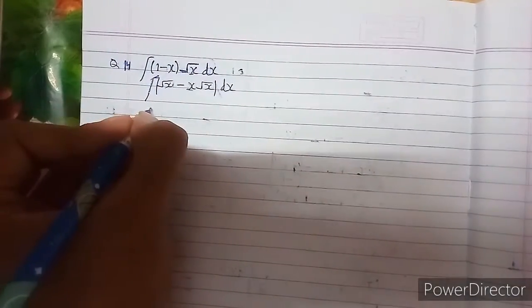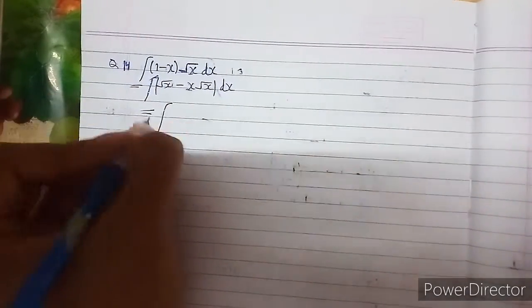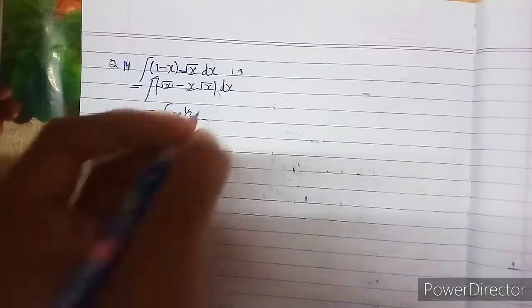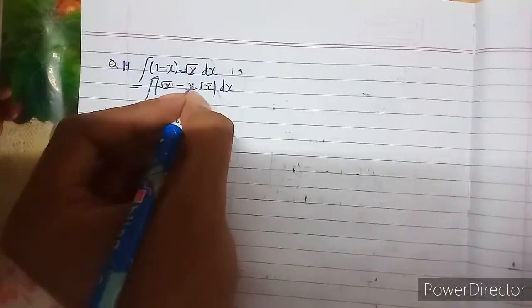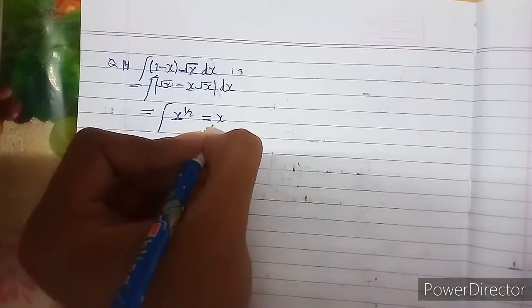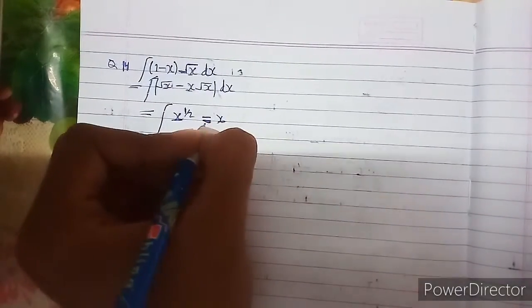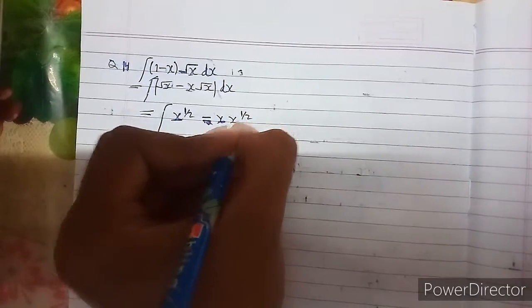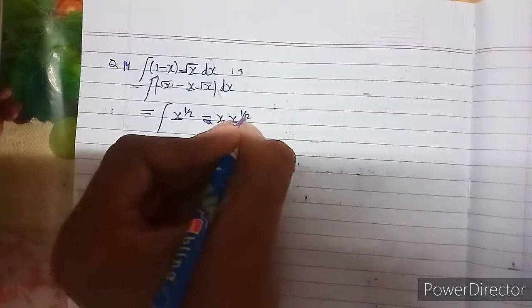Okay, now again we can write this root x as x to the power 1 by 2. We have already discussed. Now this x is minus. This root x also we can write as x to the power 1 by 2.